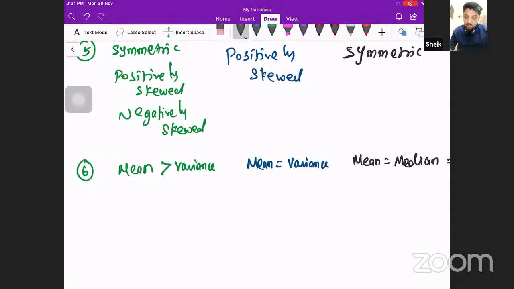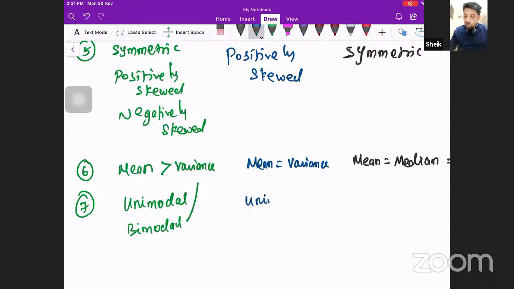Next is the mode. Binomial can be unimodal or bimodal. Even Poisson distribution can be unimodal or bimodal. And normal is unimodal.